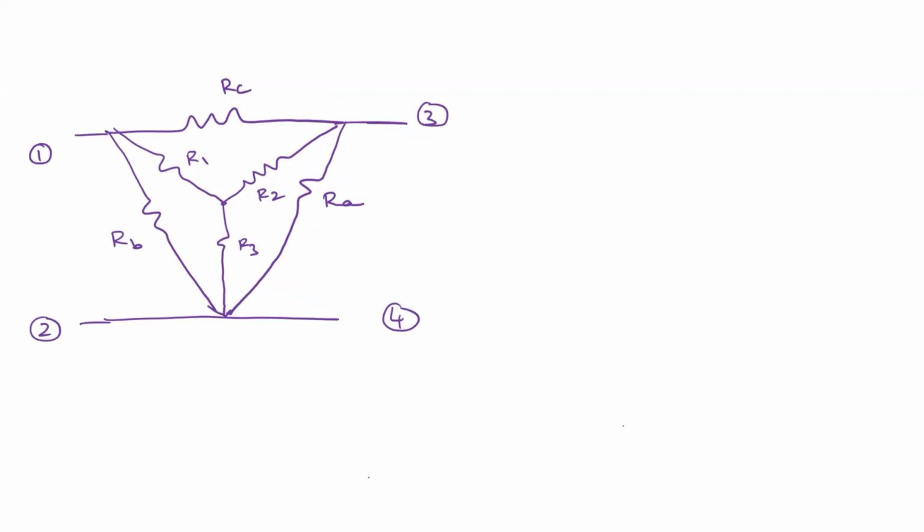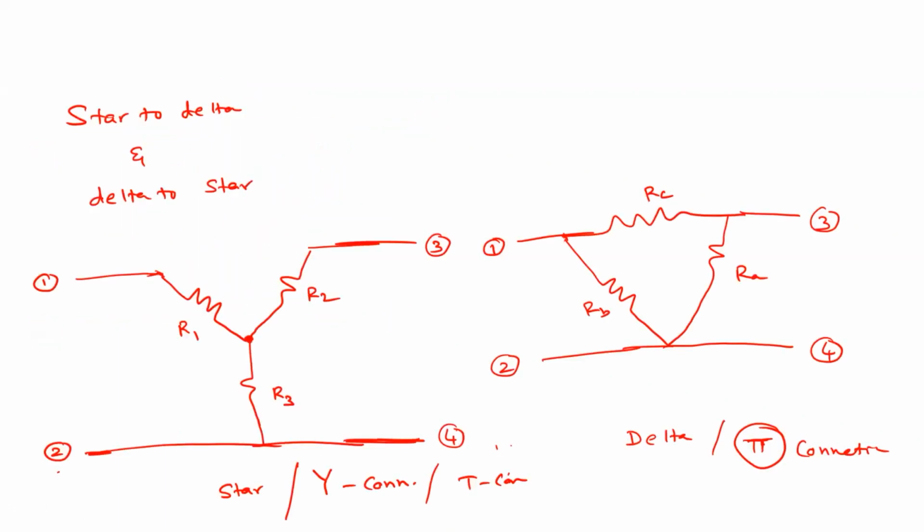So come to this previous one. In this diagram, the resistance between 1 and 2 is equal, and for example, if we assume that these two circuits are identical, then only we can find out its equivalent value.